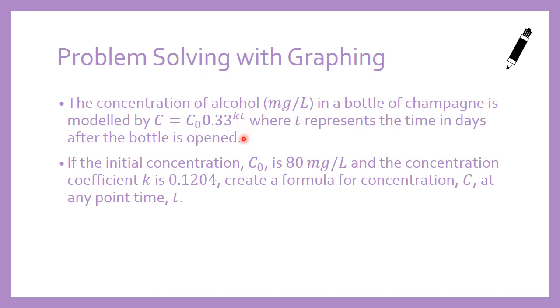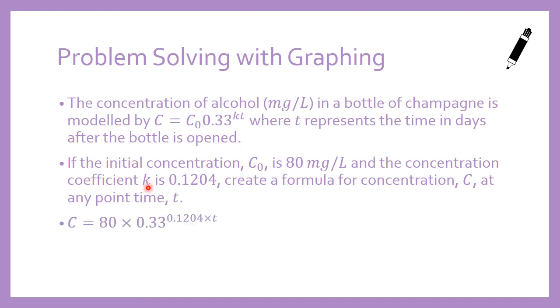So if the initial concentration C0 is 80 milligrams per liter, and the concentration coefficient K is 0.1204, I want you guys to create a formula for the concentration C at any time T. So can you pause the video and do that now?